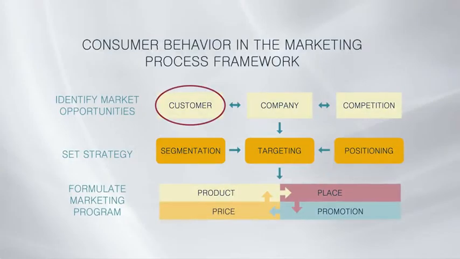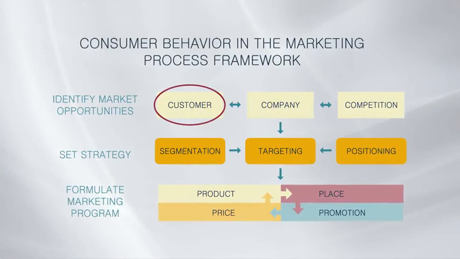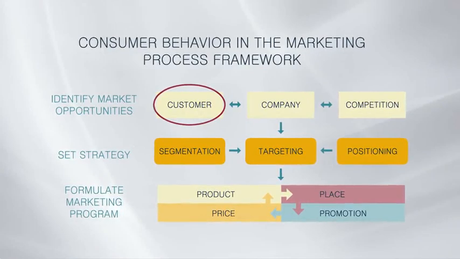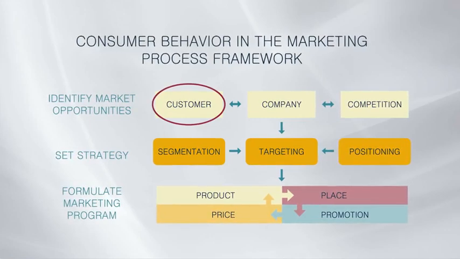So let us dig immediately into why we study consumer behavior. If we look at the marketing decision process, it has mainly three components. First is identifying the market opportunities, second is setting the strategy, and third is setting the marketing mix.